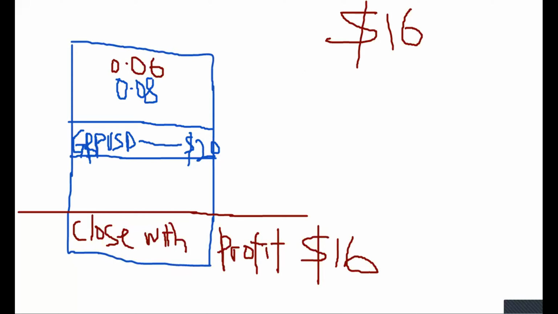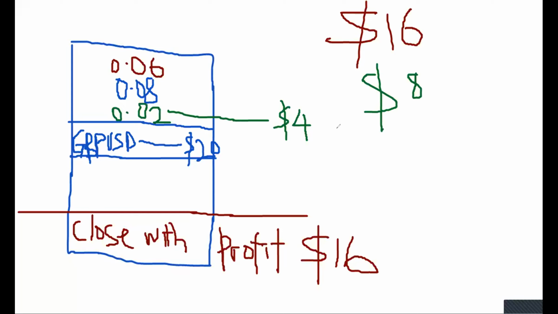When 0.06 is taken out of 0.08, you'll be left with 0.02. This 0.02 might be running with the remaining $4, so you let this trade run and probably make more profits. You might add $8 to your initial $16, and that gives you $24.